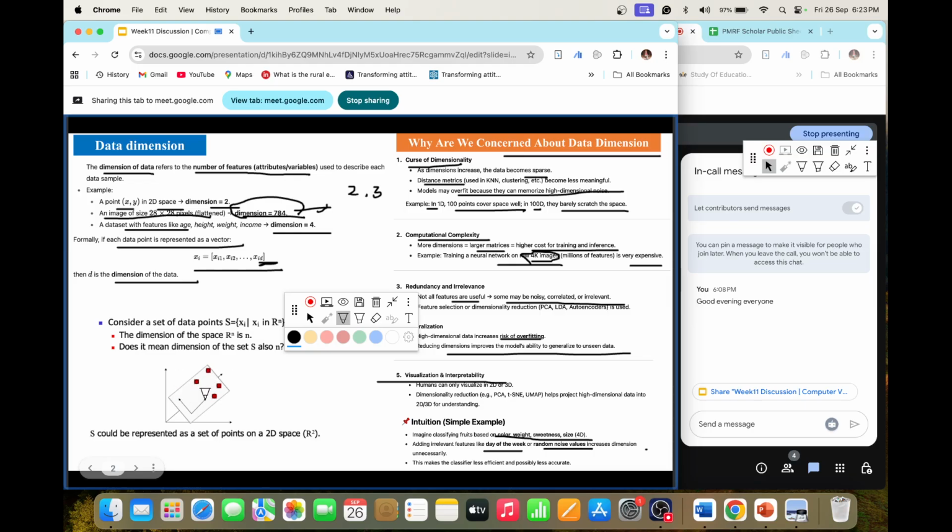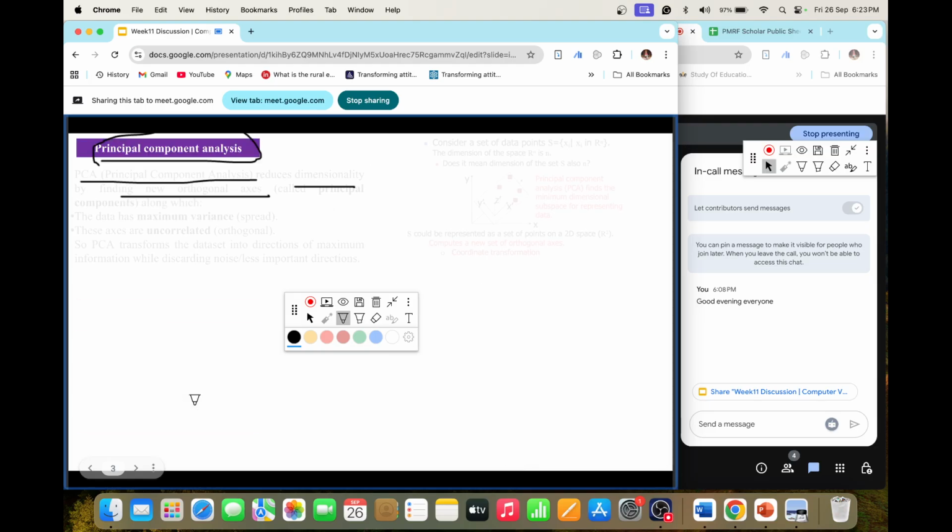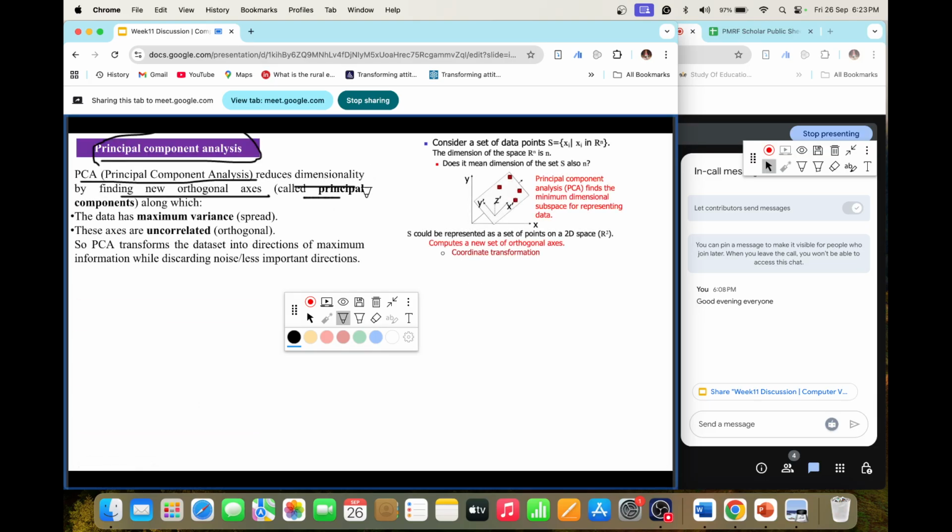We do not know what these axes are, but let's say this is x dash and this is y dash. So in place of x, y, z, we are projecting this data set onto 2 axes, x dash and y dash. That is the idea behind principal components, finding the new orthogonal axes. So what is orthogonal? Orthogonal means these axes are uncorrelated.